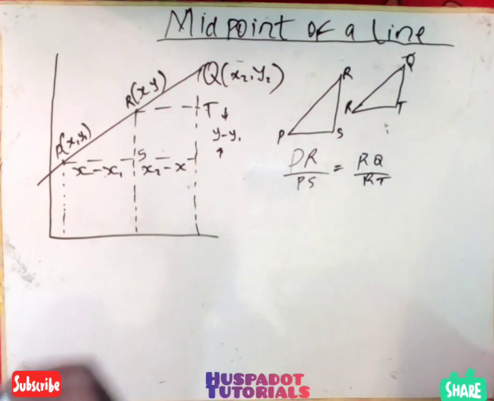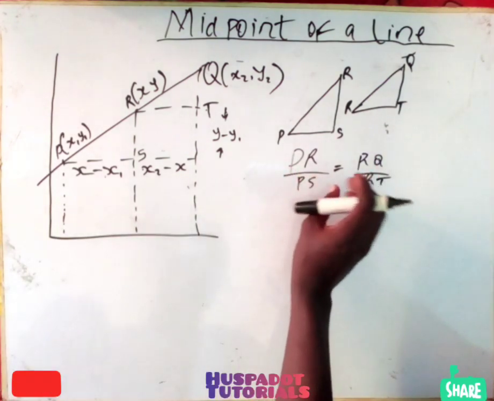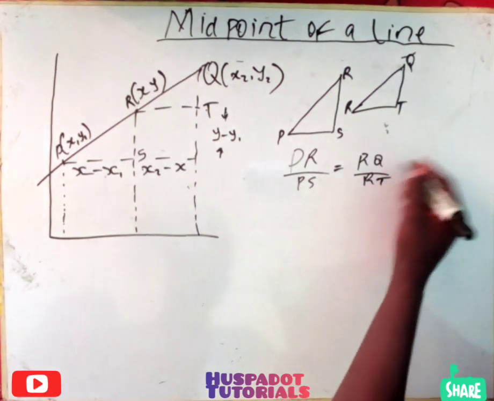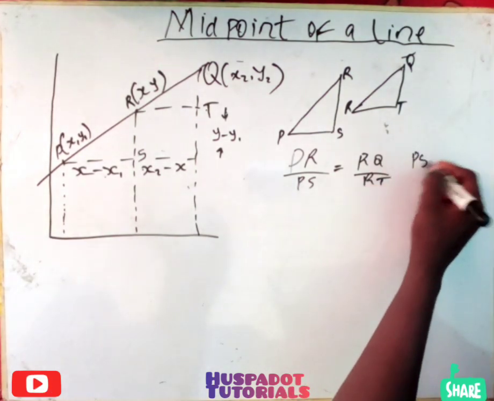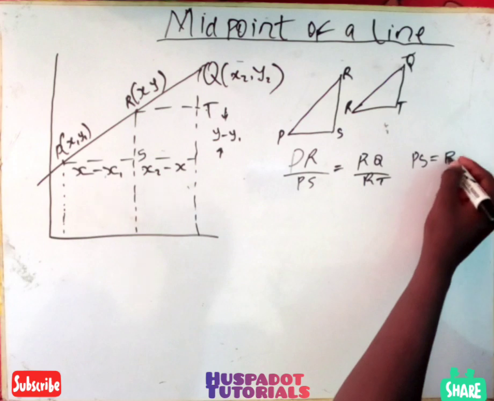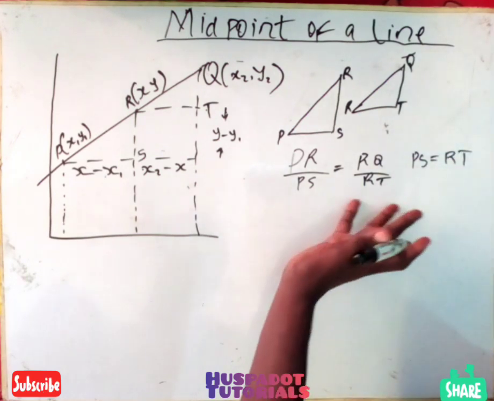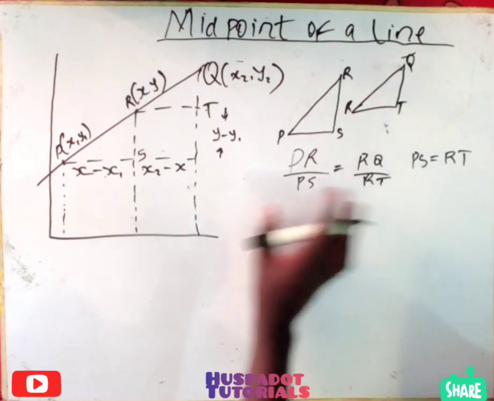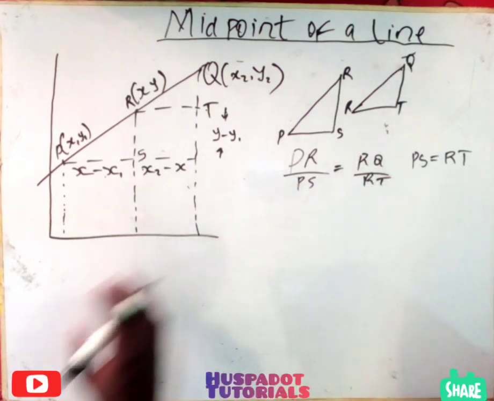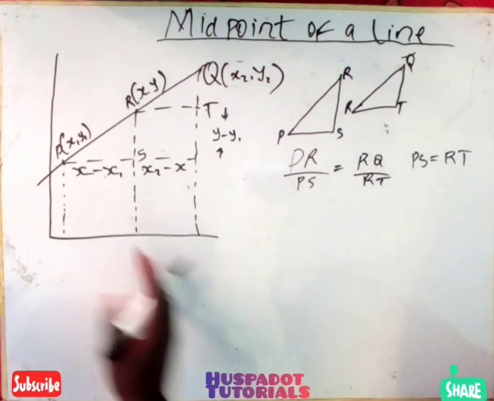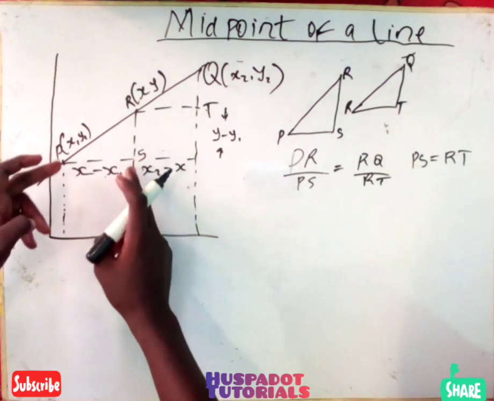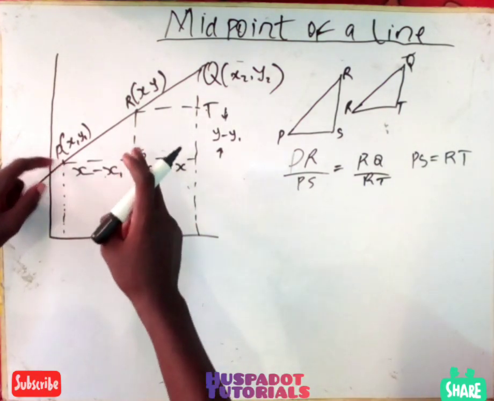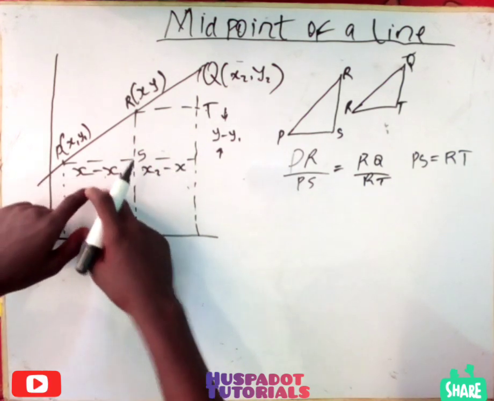Now if you note from this point that we noted, your PS is the same thing as your RT, because they are both at the down part of the fraction, the denominators of each side. Your side PS is the distance from P to point S, which is x minus x1.